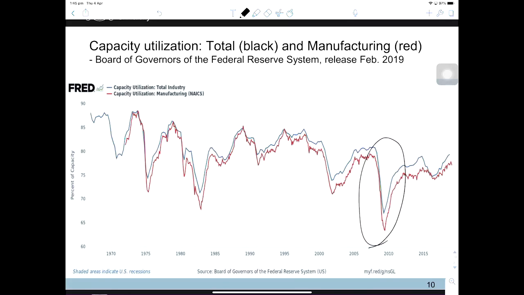During the financial crisis, especially at its height, the US experienced an extended recession and economic contraction, and capacity utilization was down to about 65%. In other words, consumers were not spending money. There was very weak demand from consumers, so manufacturers reacted to the slump.